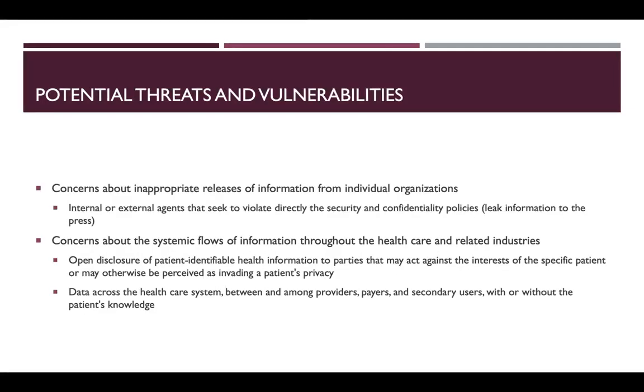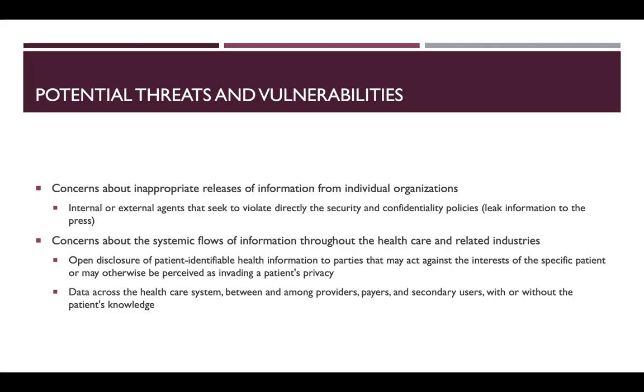So in this process, we have identified two major concerns about this data transfer. The first one is about inappropriate release of information from individual organizations. So this could be coming from internal or external agents that seek to violate directly the security and confidentiality policies.